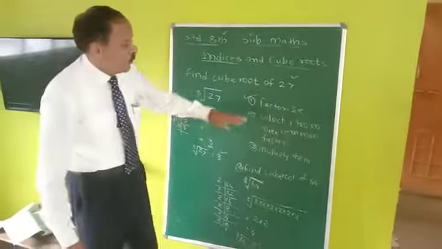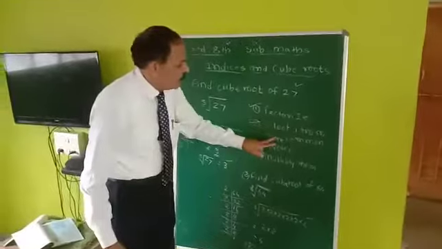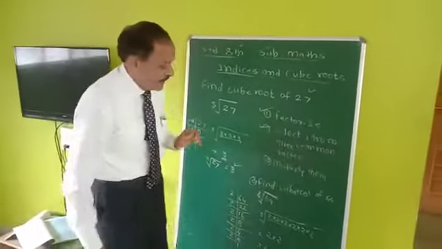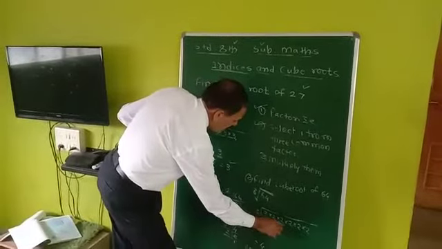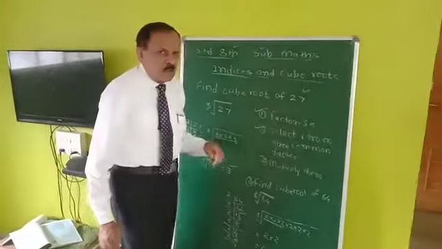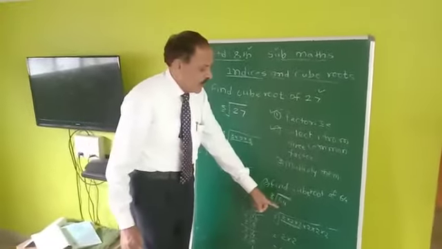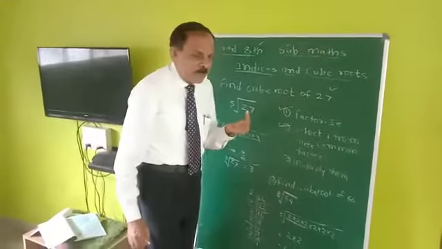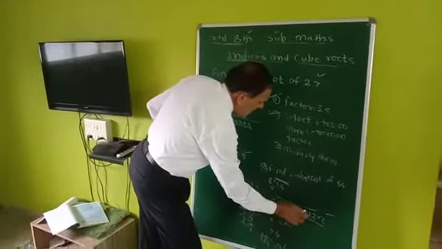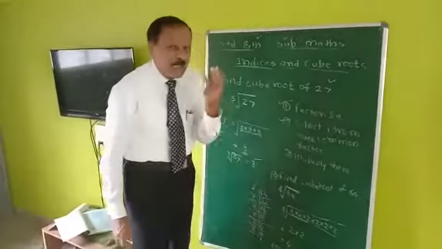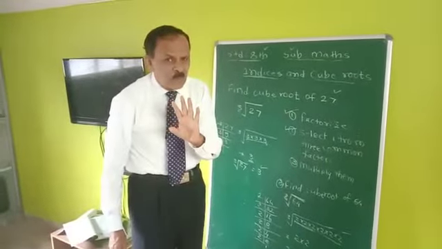Make one group from 3 common factors. So 2 2 2, this is the first group. हमने अभी 2 2 2 का एक पहला ग्रुप बनाया. दूसरा 2 2 2 का ग्रुप कितना होता है? 1 2 3. 3 का एक ग्रुप बनाने का, इतना ख्याल में रखो.